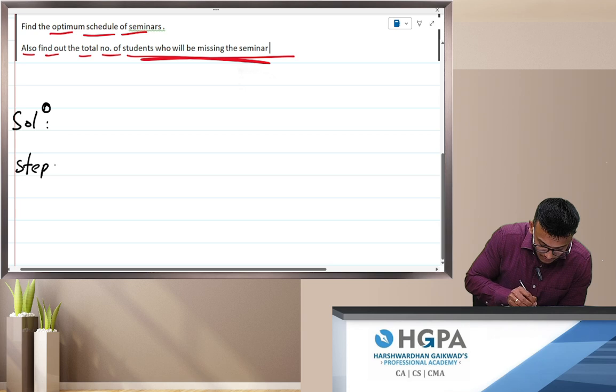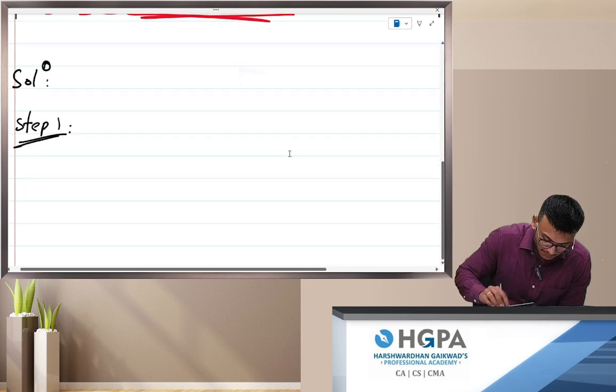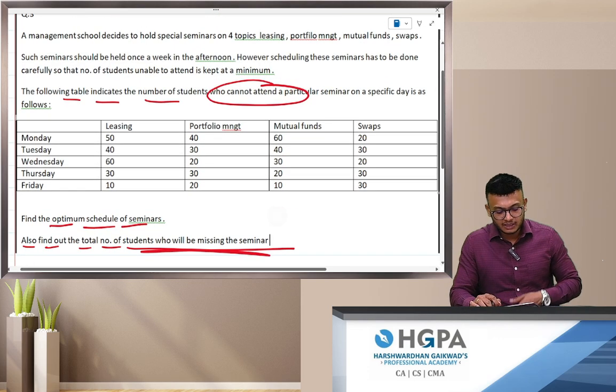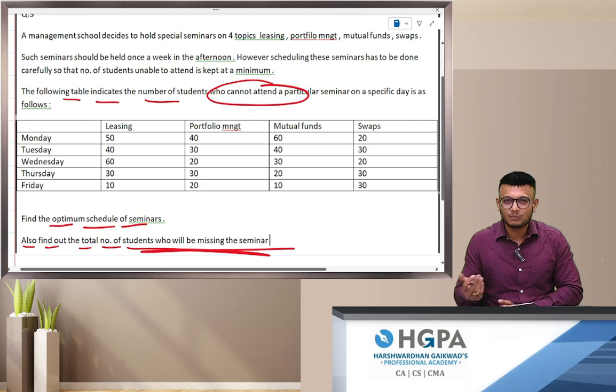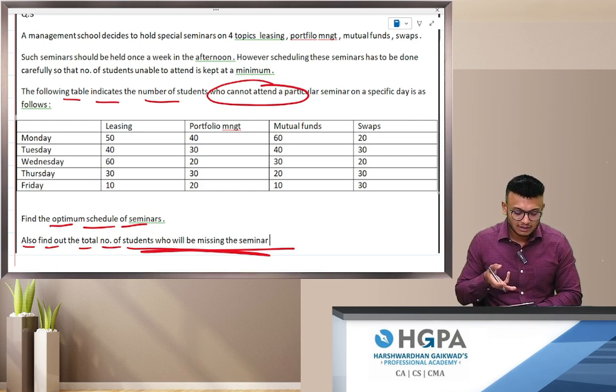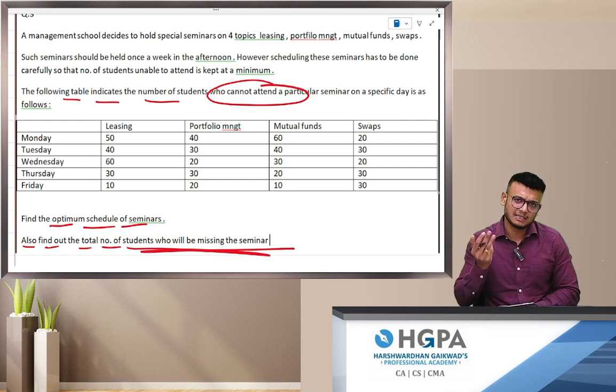Step number 1. Now tell me one thing, the given data is what? Is it something related to profit or maximization? Absolutely not. They have given the number of those who cannot attend. And what is their final goal? You have to find out that this number is kept at a minimum. The moment they say minimum, it is a minimization question.